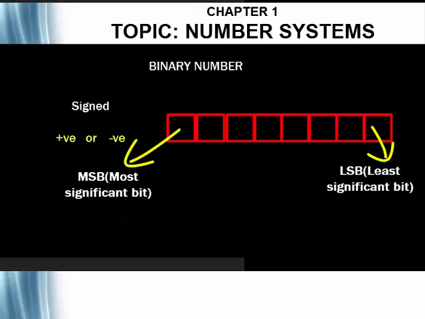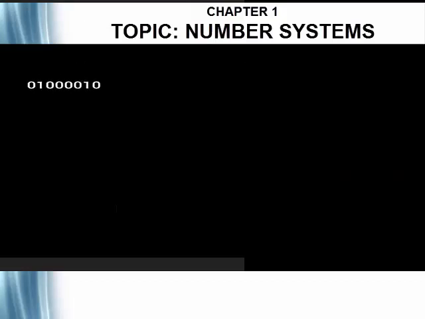If the MSB is 0, it means the binary number is positive. If the MSB is 1, it means the binary number is negative. Hope you understand. Now let's move to part B of task number 2, in which we need to convert a positive binary number into a positive denary number.